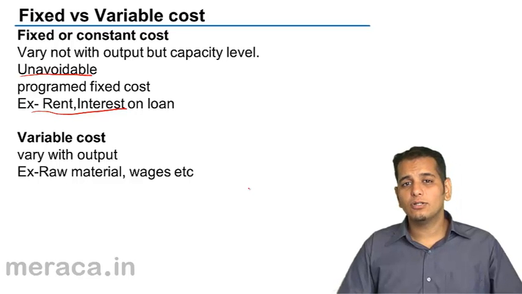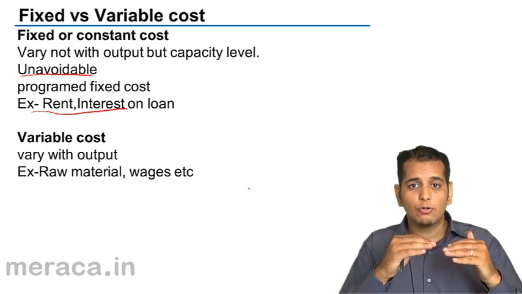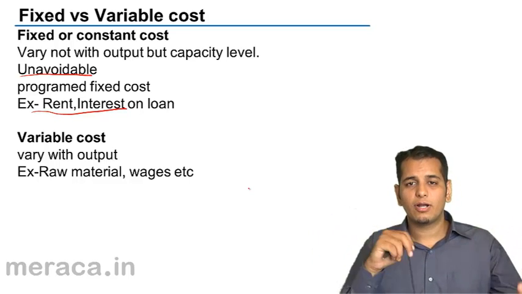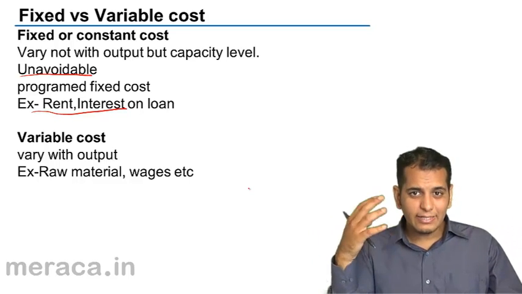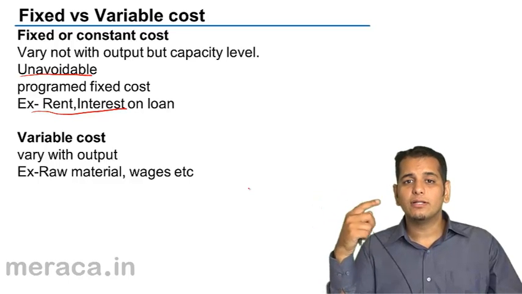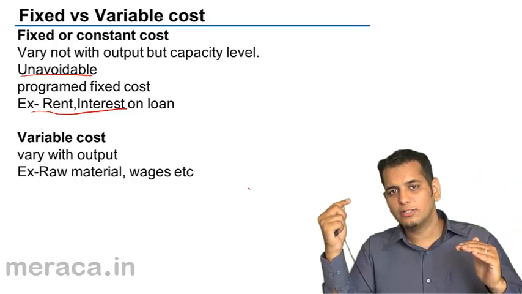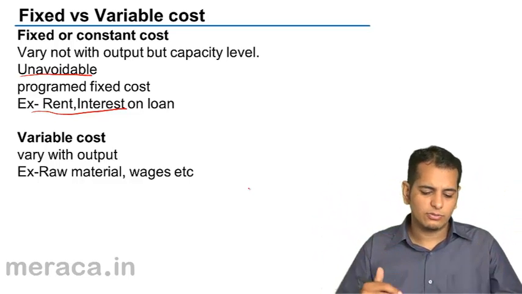What are variable costs? Variable costs are those costs which go on varying with production. If you increase the amount of output, you will have to incur more cost, and if you decrease the amount of output, you will have to incur lesser cost.